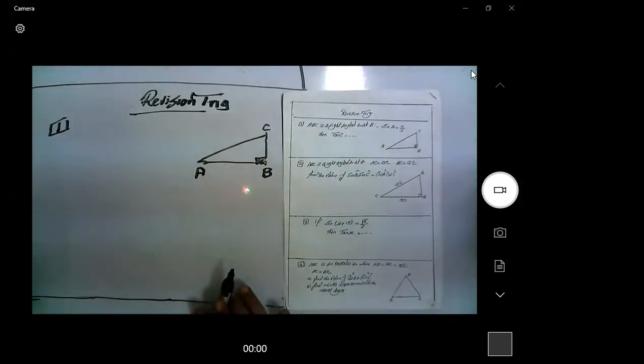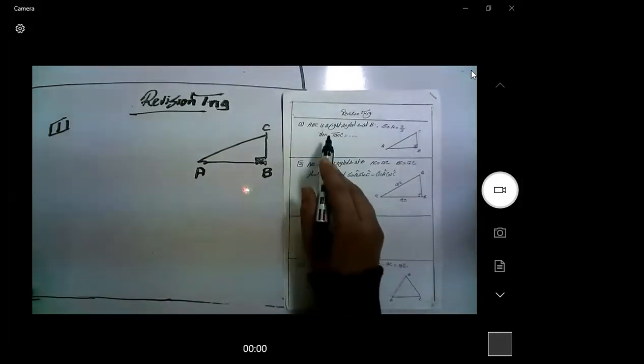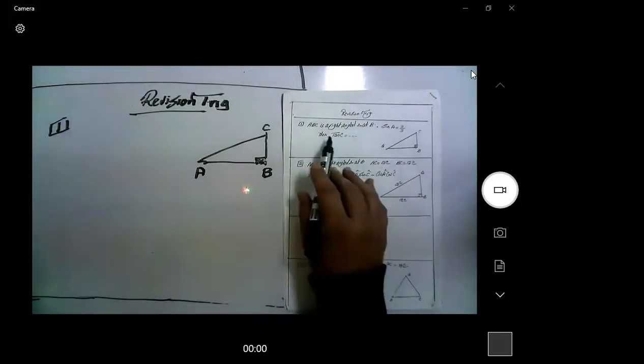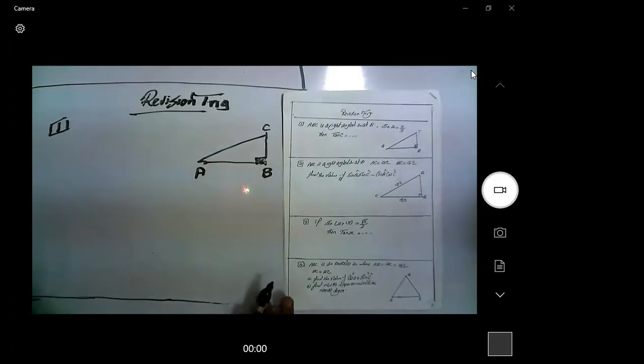Okay, let's start with trigonometry. The first question is, triangle ABC is right-angled at B, where sine angle A equals 3/5. You know that sine of an angle is opposite over hypotenuse. Cosine of an angle equals adjacent over hypotenuse.